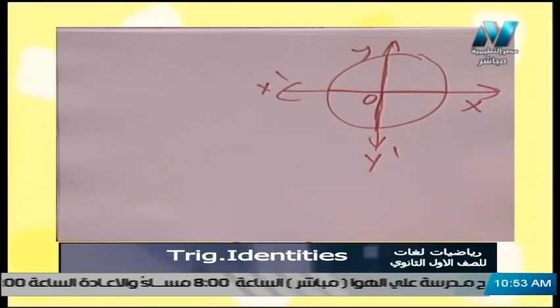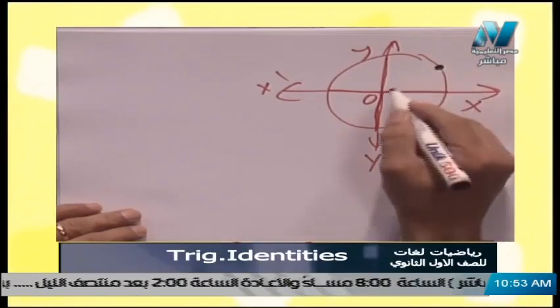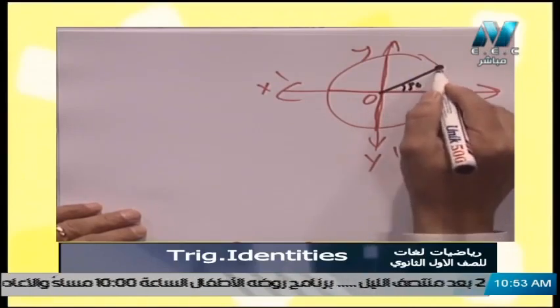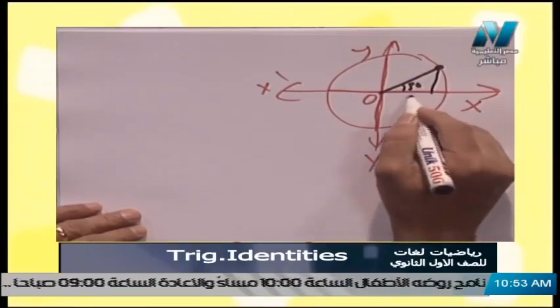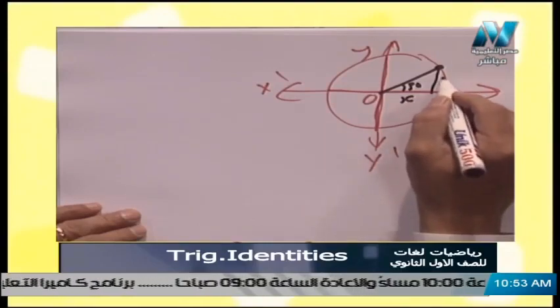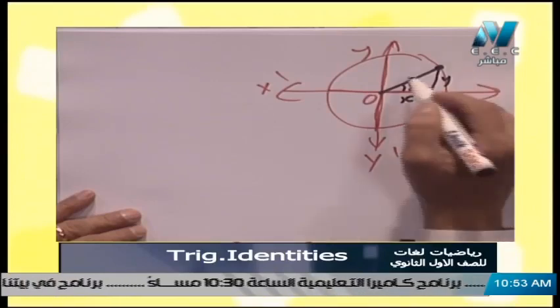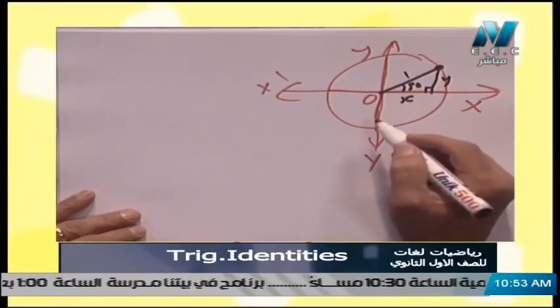If we study this point as an example, and theta here equals 30, this part is x and this part is y, and this is a right angle triangle, and the hypotenuse equals 1.